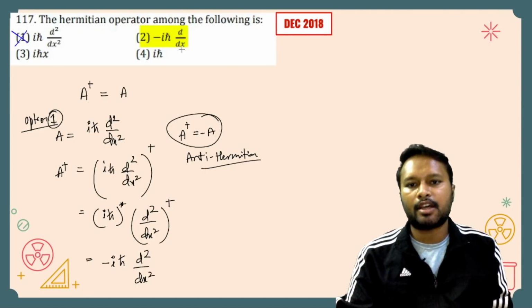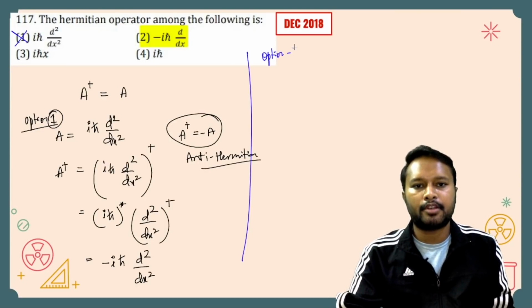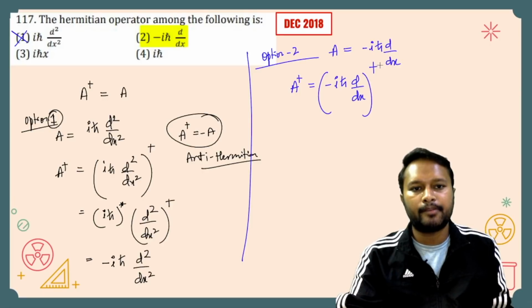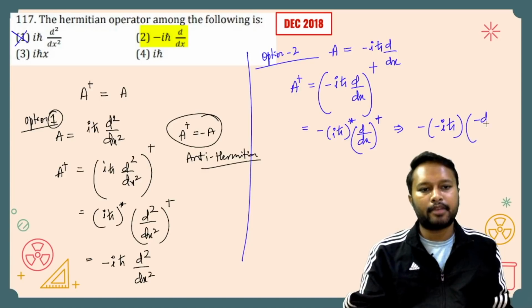They were asking which is Hermitian. Let's see option number 2. I'll again take A equal to minus i h cross d by dx. So A dagger will be minus i h cross d by dx, whole dagger. I'll take the minus outside, and the complex conjugate of i h cross, and d by dx dagger. The minus is written as it is, i becomes minus i h cross, and you know d by dx dagger is minus d by dx.